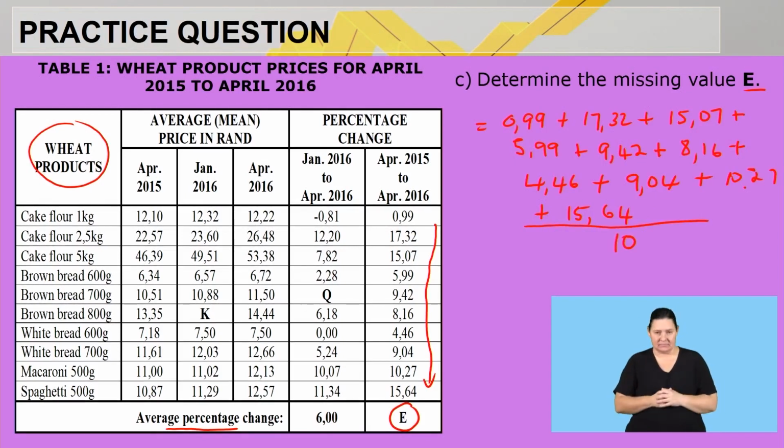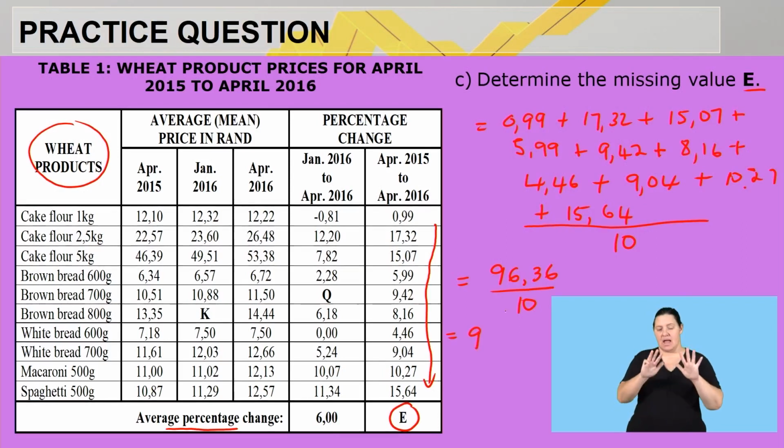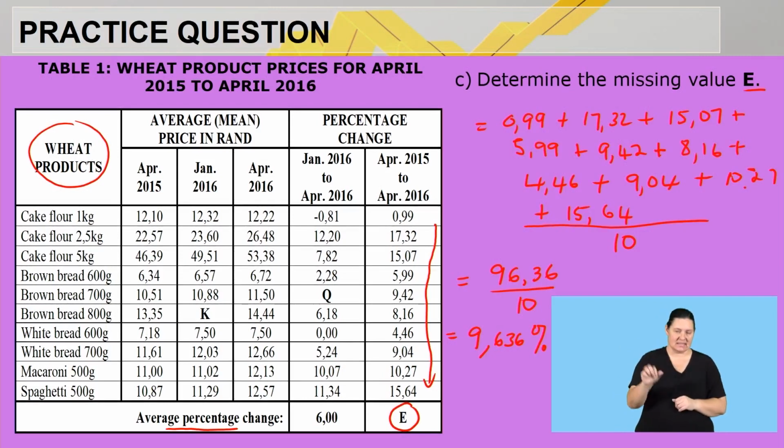That is 10. I have to divide 96.36 by 10. That will give me an answer of 9.636, and remember it's percentage change, so the average percentage change will be 9.636%. Guys, I hope that's all clear to you.